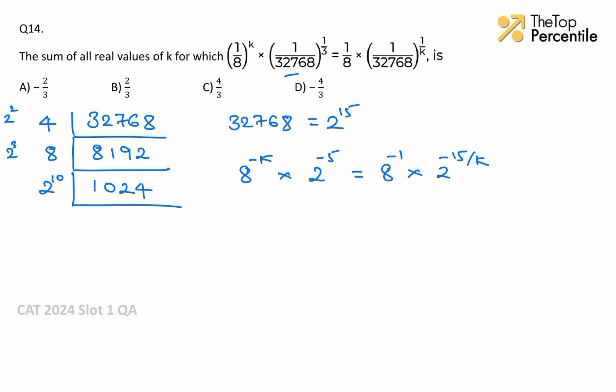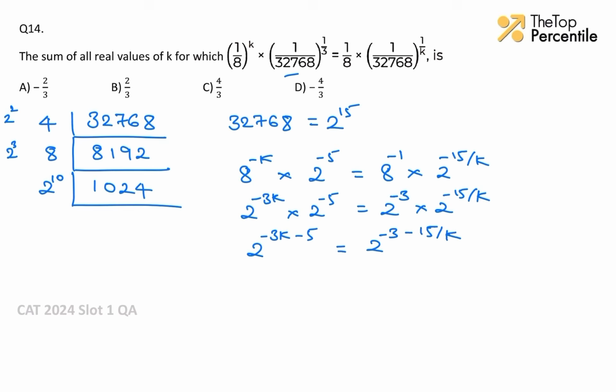8, again I can write it as 2 cube. So this will be 2 to the power minus 3k into 2 to the power minus 5. This will be 2 to the power minus 3 into 2 to the power minus 15 by k. I can rewrite this yet again as k minus 3 minus 15 by k.